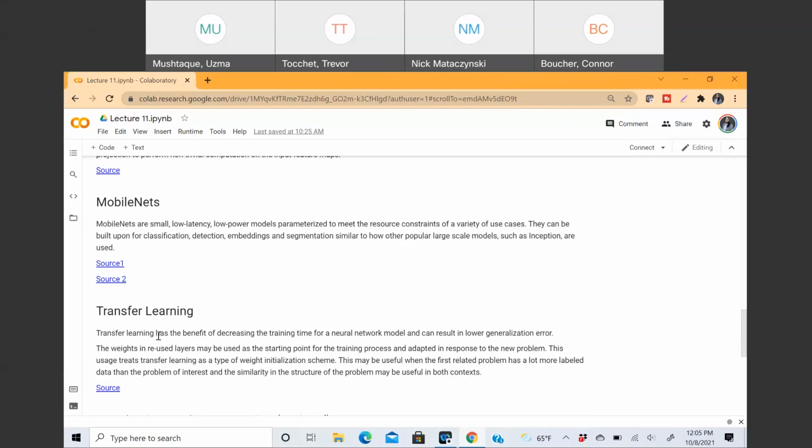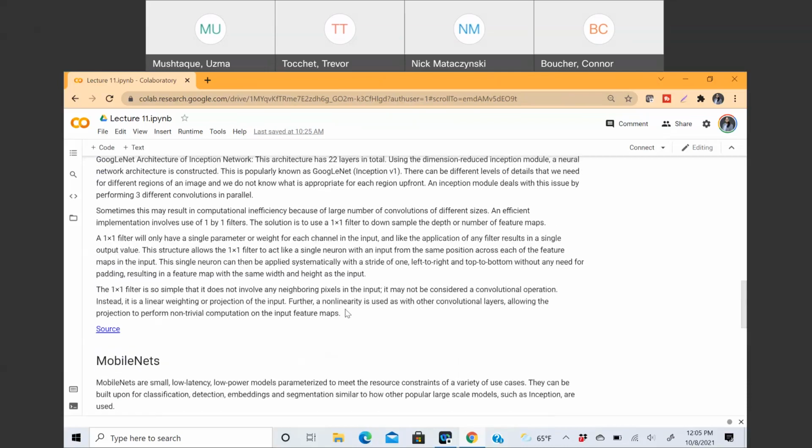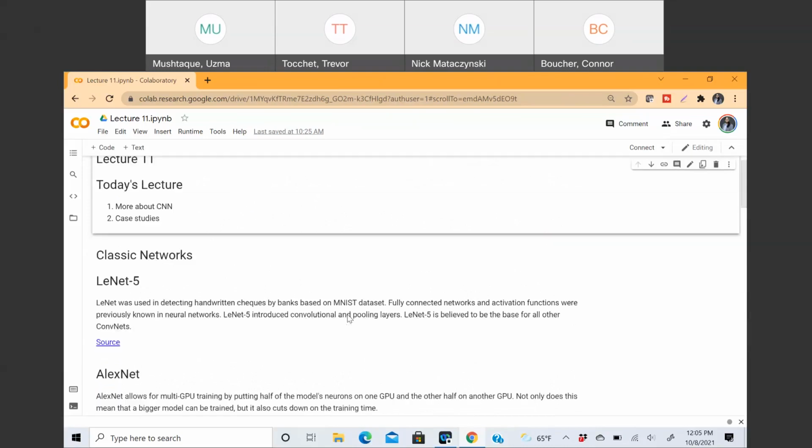Let's say I'm doing image classification, for example. The issue that comes up is mostly how large a data set you have. You might not have access to a huge data set, but somebody else did and trained that model on it, and you can pick that up, but definitely tune it depending on what problem you're solving. Okay, so that's what we're going to talk about in today's lecture. So let's begin.